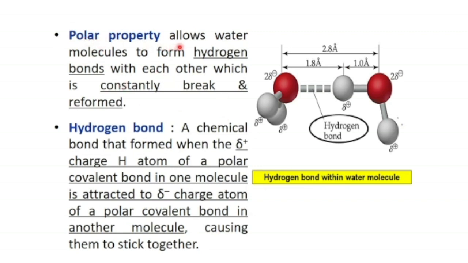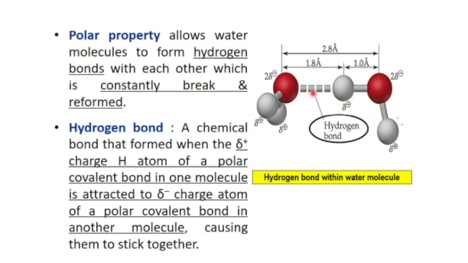The polar properties of water allow water molecules to form hydrogen bonds with each other, which constantly break and reform. Based on this diagram, the hydrogen bond is represented by a dotted line between water molecules and the covalent bond is represented by a continuous line within the water molecule.